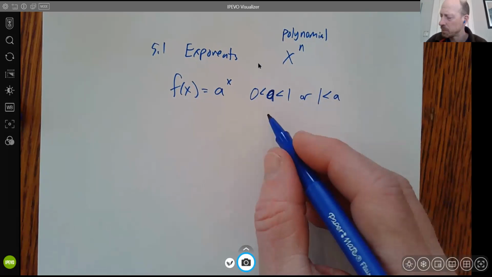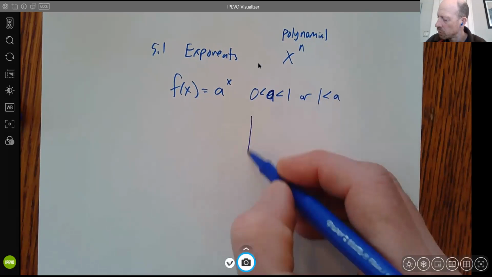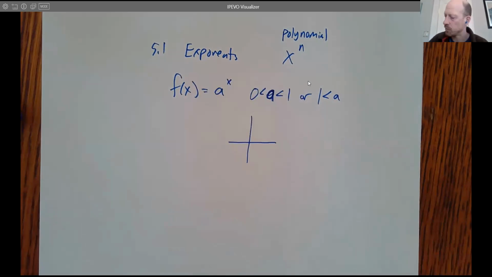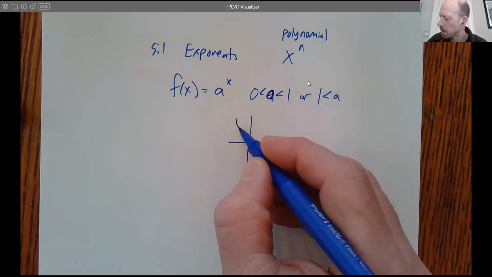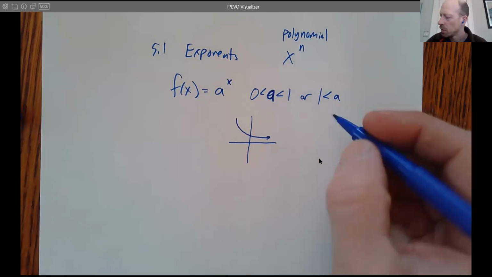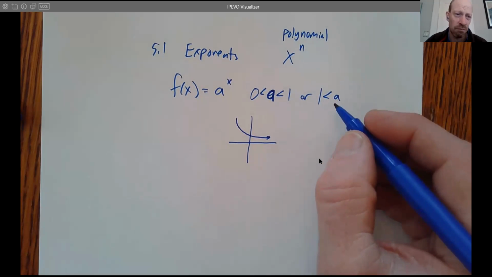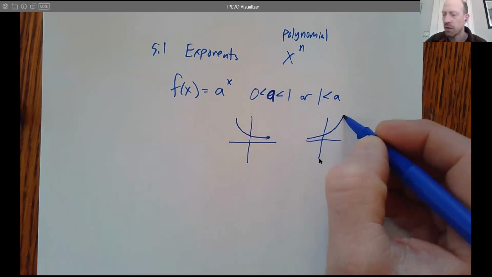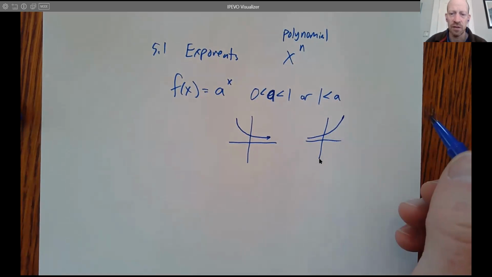If the base is between 0 and 1, what you get is a function that looks like this. Okay, it goes down. When the base is bigger than 1, this is a more typical exponential, you get a function or a curve that looks like this.